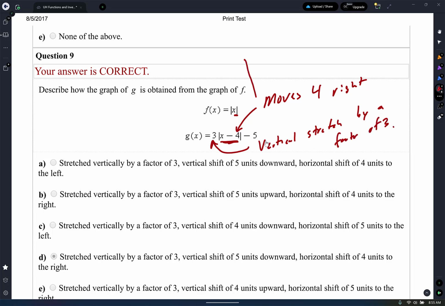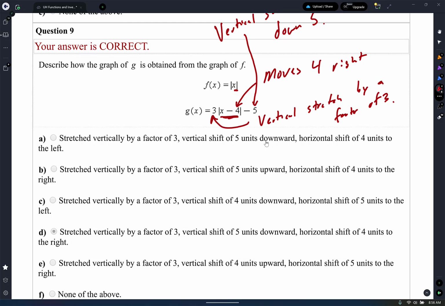And what does this minus 5 do? Vertical shift down 5. And we look for that. Letter D, stretch vertically by a factor of 3, vertical shift 5 units down, horizontal shift 4 units to the right. There it is.